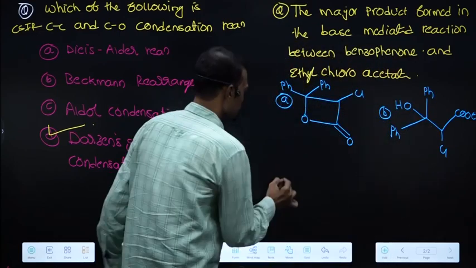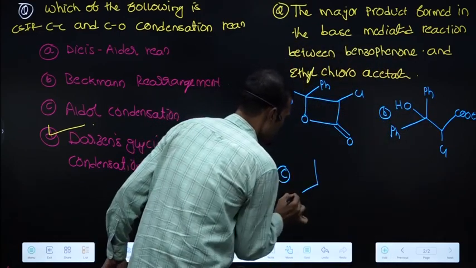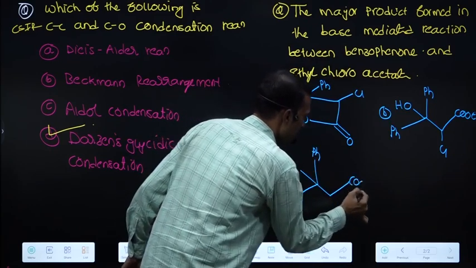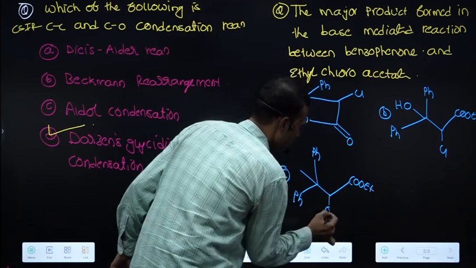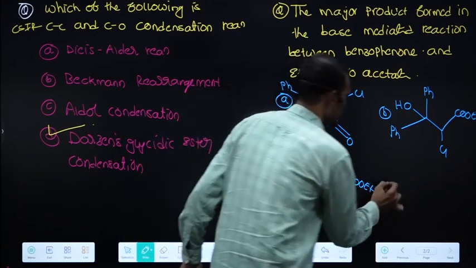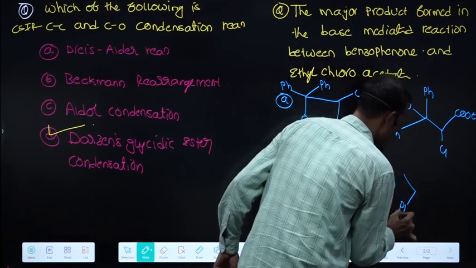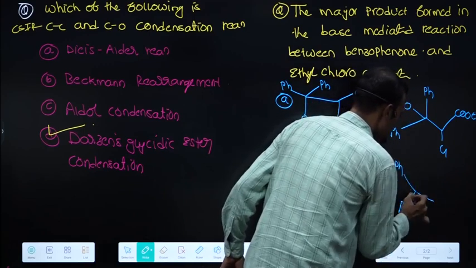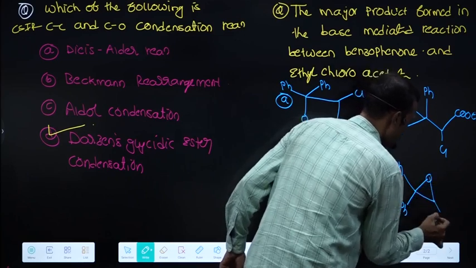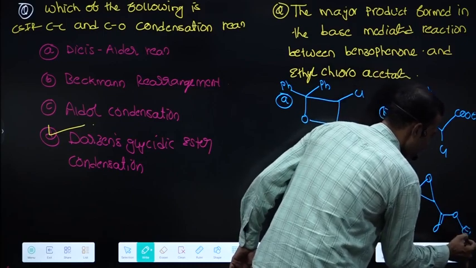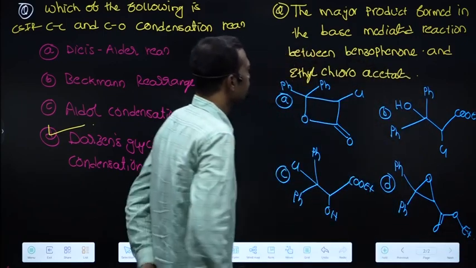Option C. Ph, COOEt, and this is OH and this is chlorine. Option D. Ph, OEt.